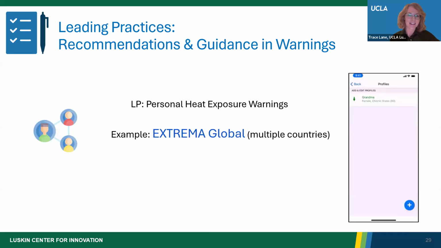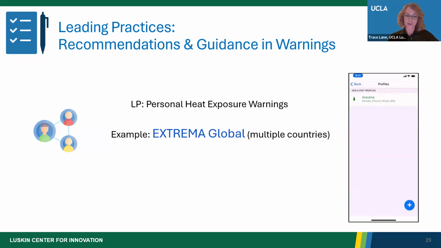This leading practice is focused on personal heat exposure warnings. Heat is a very personalized experience, and the impacts of it can vary depending on a range of person-specific variables. Extrema Global is one of the tools we reviewed that serves multiple countries. It offers users a personalized heat warning and the ability to create multiple user profiles using a smartphone app.